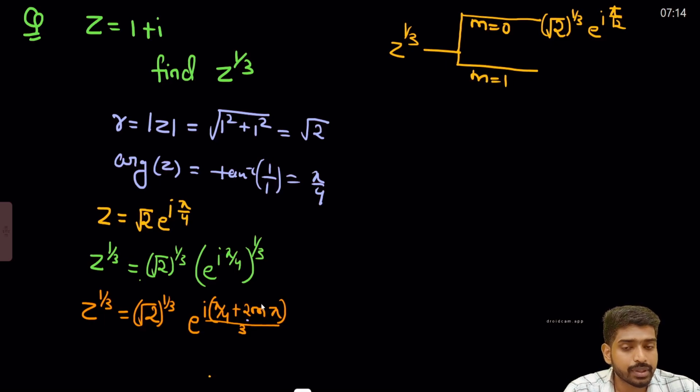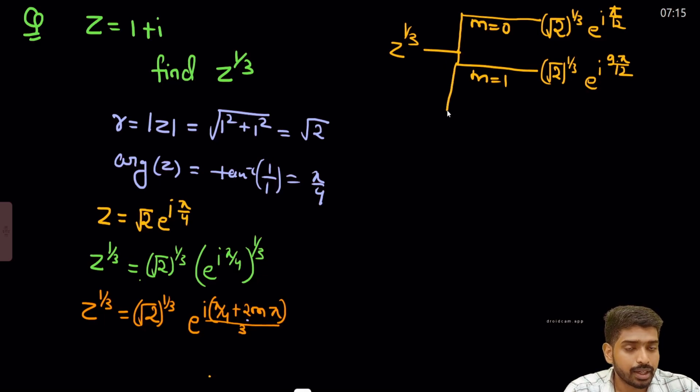If we keep m value as 1, we'll get 2 pi plus pi by 4, right? This will be root 2 to the power 1 by 3 and e to the power iota, 2 pi plus pi by 4 is 9 pi by 4, right? This will be 9 pi by 12, because this 3 is also inside.